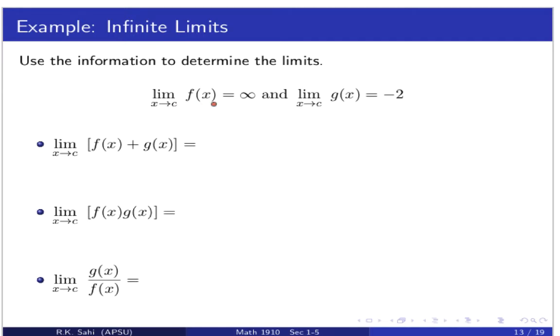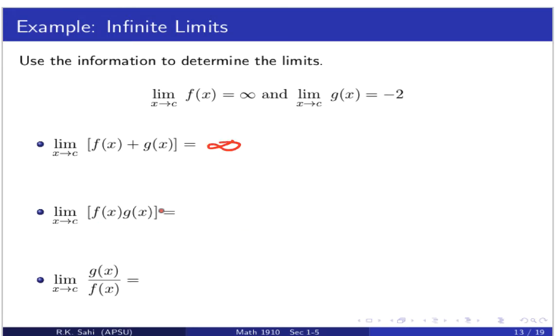Now, the limit of the function f(x) as x approaches c is infinity, where g(x) is approaching negative 2. So the limit of the sum of f(x) and g(x): remember, even if to a very large number you add -2, it is still going to be a large number. So the answer here is positive infinity.